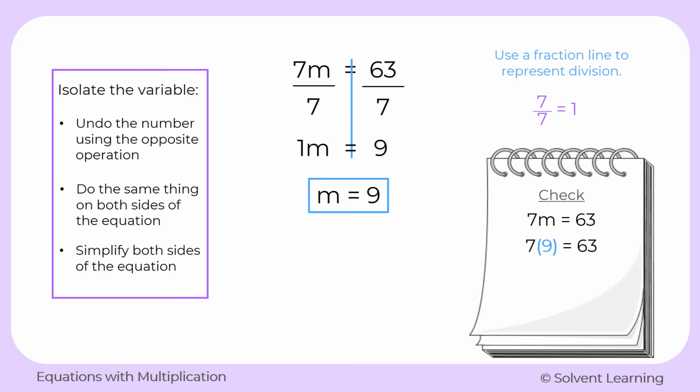Now we simplify. 7 times 9 is 63, so the left side will become 63, and we have 63 on the other side. 63 equals 63, well, that's a true equation. When we get a true equation, that tells us that our answer is correct and that m actually is equal to 9.